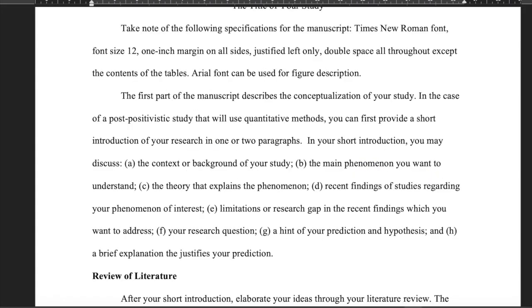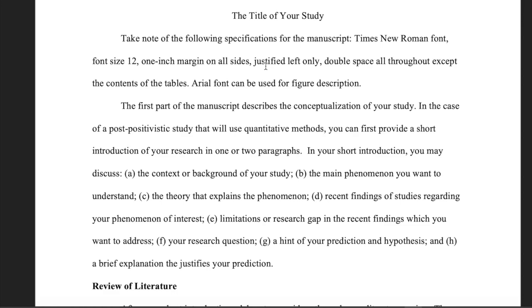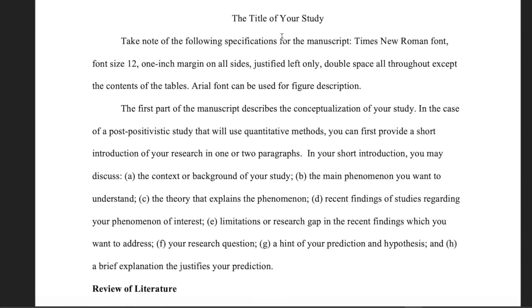One thing to understand about the introduction is that oftentimes students simply write the background of their study in the introduction, but the introduction does not simply serve the purpose of laying down the context or the background.